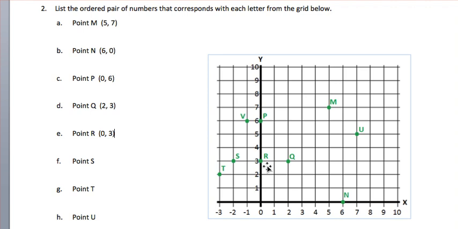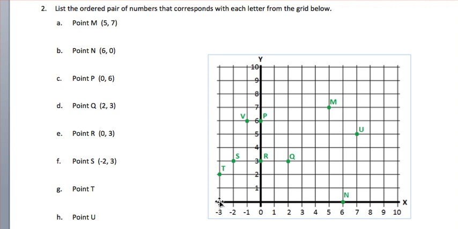Point S is not on the positive side. It is actually going to the negative side. So our x coordinate is -2, and our y coordinate is 3. Point T is also traveling in the negative direction.